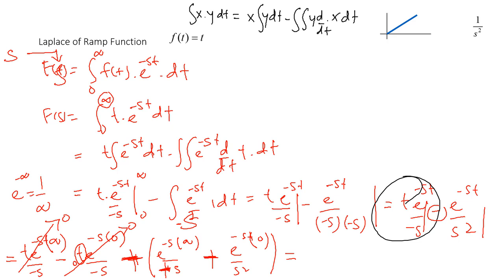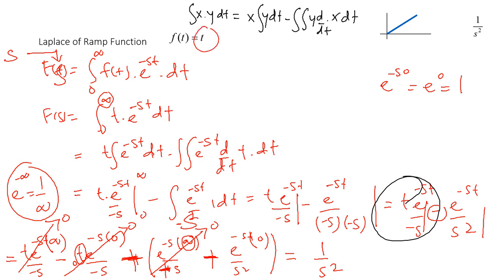If we check this third, it has the infinity, so it is again this condition, so this has become 0 as well. And if we check this one, this is e power minus st, so we can write it as e power minus s0, which is e power 0, which is 1. So we can write it as 1 divided by s square. So we have concluded that the Laplace transform of t is 1 over s square.